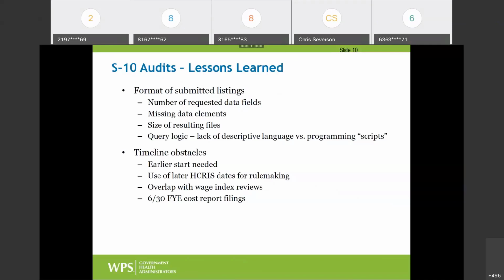A lot of listings we encounter involve missing data elements, and that all requires us to follow up, sometimes multiple times, to try to get this data. And that really eats up some of that advantage of starting early, because timeline has been another recurring theme that we'll get to.